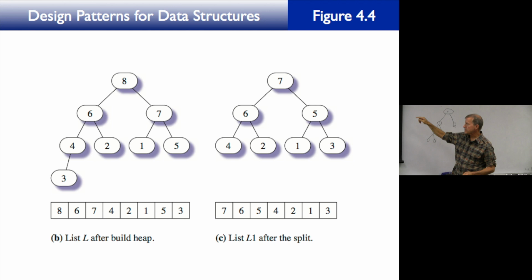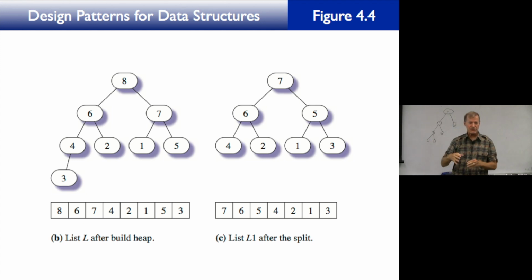So 7 is greater than or equal to 6 and 5. 6 is greater than or equal to 4 and 2. 5 is greater than or equal to 1 and 3. And we continue that process on down. But so when it took away the 8, it moved the 7 up? Yeah, and when we look at the heap sort algorithm, we will investigate that in detail. I'm just showing you what happens, not how it happens.